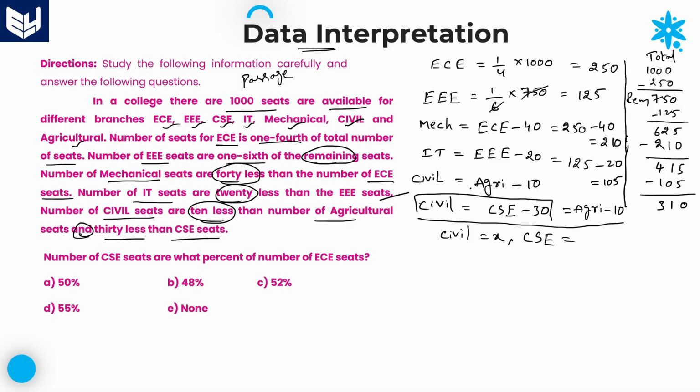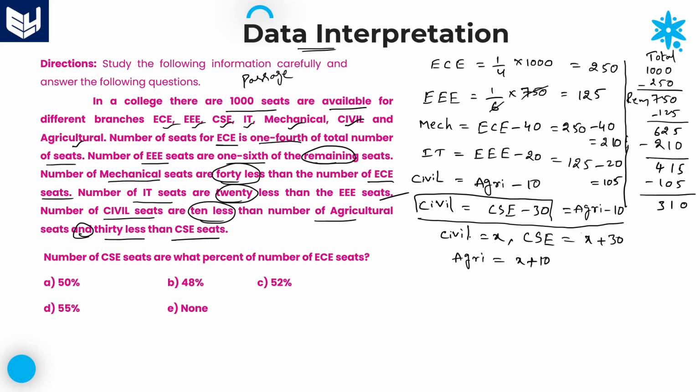So minus 30 goes to the left side and becomes plus 30: CSC is x plus 30. Coming to agriculture, civil is x, so minus 10 goes to the left side, plus 10: agriculture is x plus 10.